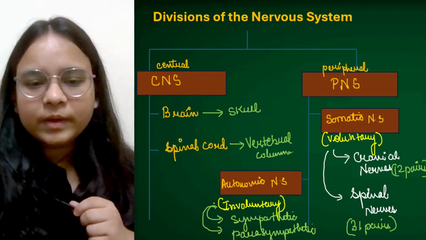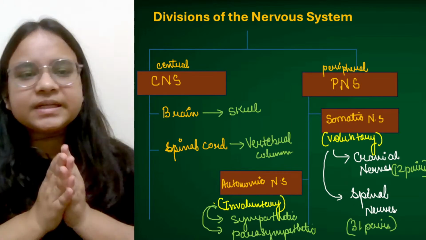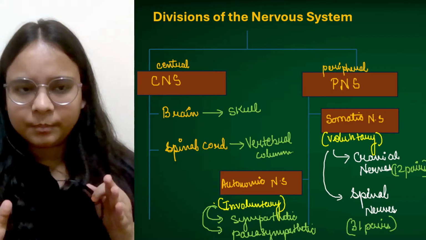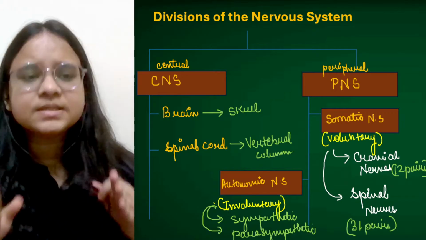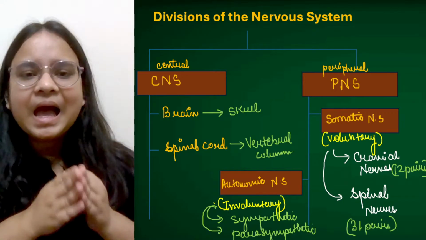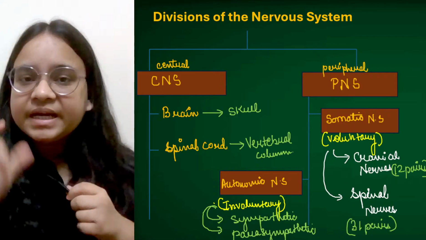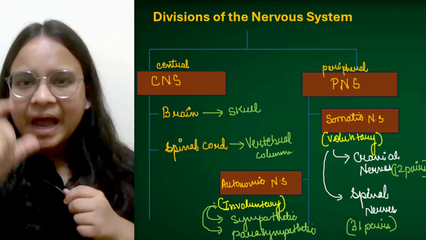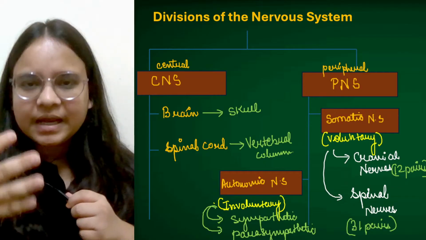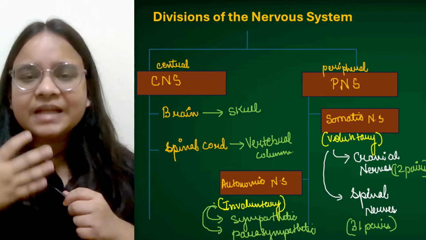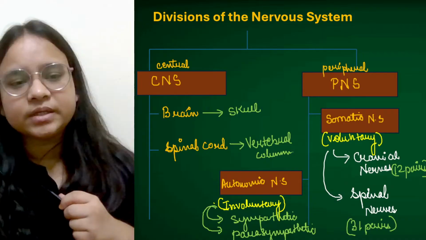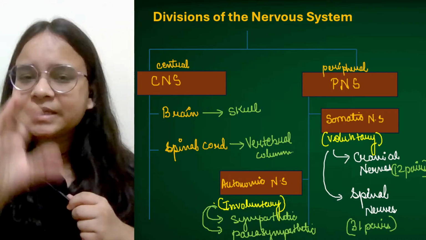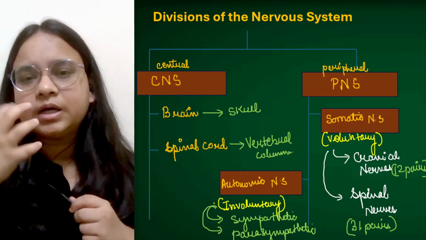Now, what we have seen is that the nervous system is basically divided into two major parts, the central nervous system and the peripheral nervous system. Central means at the center. So at the center we have our brain and our spinal cord. These are very delicate organs, so they have to be protected by tough structures.